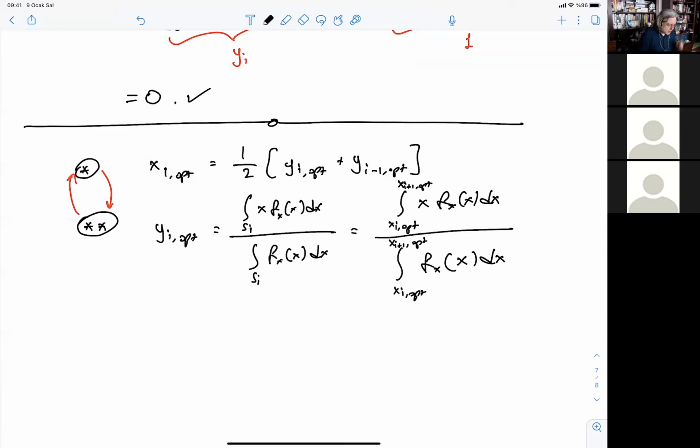Now, at this point, I will end the lecture with one example, which is a numerical example. Using numbers, using data, things are actually easier. For example, this is telling me to find the centroid, but we don't even have a probability density function. We just have data.